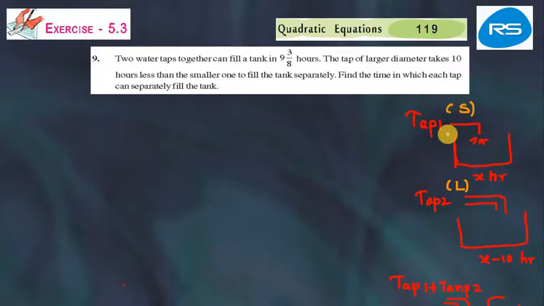The smaller tap takes some hours, so I am taking it as X hours. Tap 1 takes X hours to fill the tank. Tap 2, which has a larger diameter, takes 10 hours less than the smaller one. So tap 2 takes X minus 10.